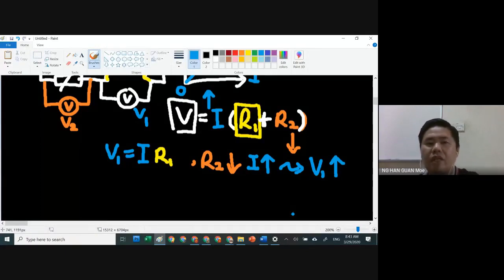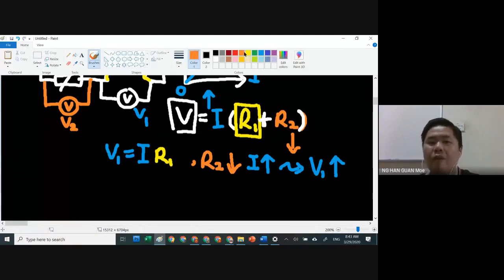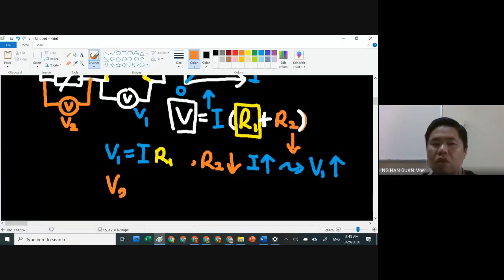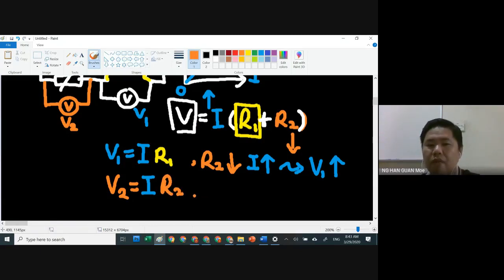So now my question is, at the same time, what happened to the V2? V2 is equal to what? V2 is equal to the same current multiplied by R2. So now the problem is R2 decreases because we adjust the rheostat to increase the current for our Ohm's law experiment.